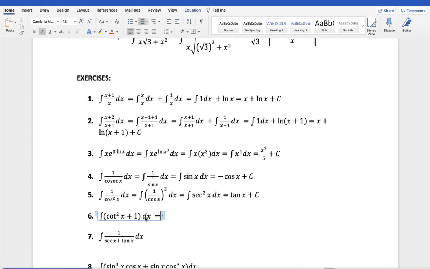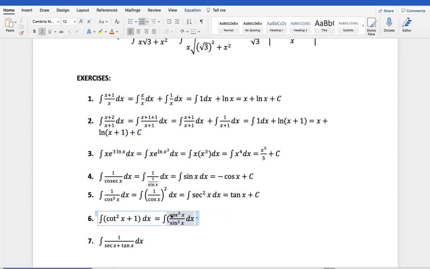So moving on to the next integral, we have the integral of cot squared of x plus 1. Right, so let's try to simplify this. We know that cot is equal to cos over sine. So here we have cos squared of x divided by sine squared of x plus 1.